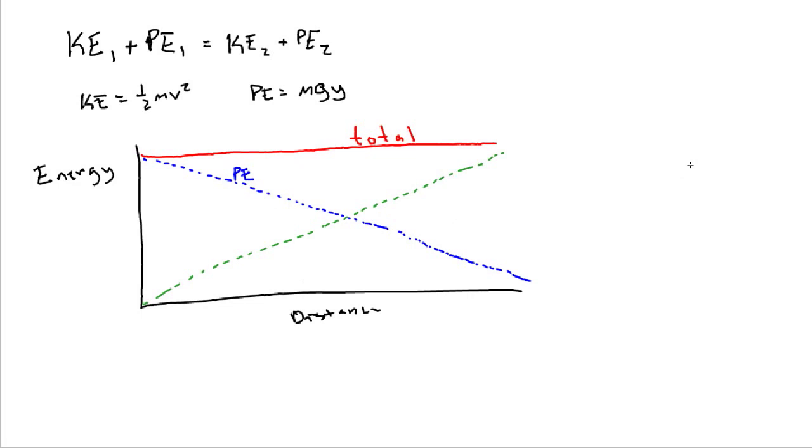Okay, and so let's think about this and think, what does this graph represent? Okay, so we start out with all potential and no kinetic. So if you think about that, you have all potential and no kinetic. Imagine this is the ground. Where does your object have to be? It's got to be up here.